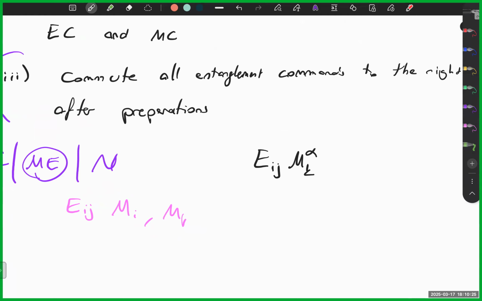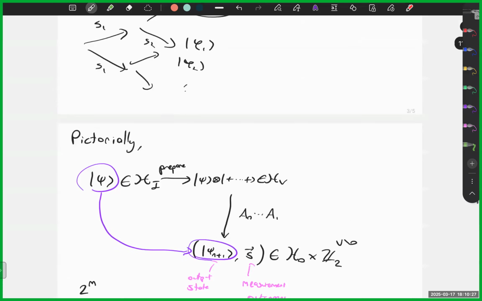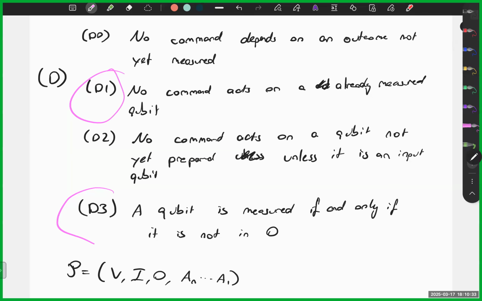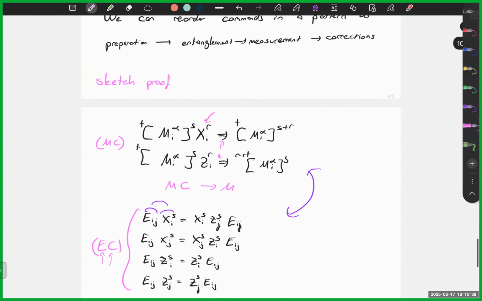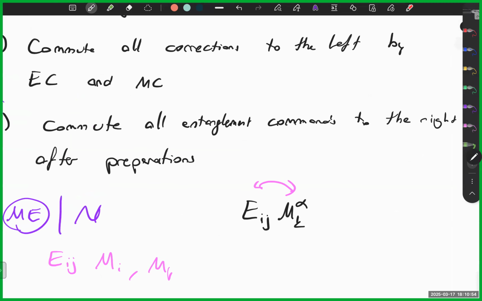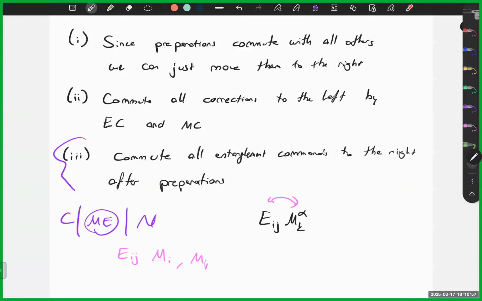Since one of our assumptions in the pattern, let me just go back to that. This one says that no command acts on an already measured qubit. It implies that i, j and k are distinct, so we can just reverse it because they operate on different qubits. This is not a formal proof, because I think we also need to show that it ends in a finite amount of time.